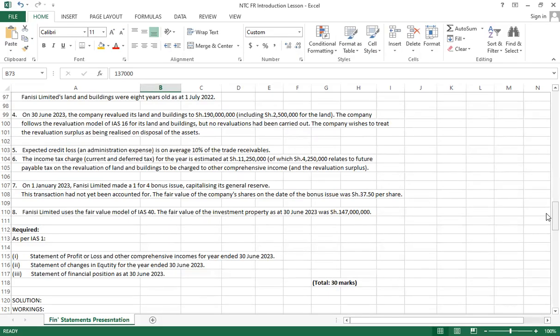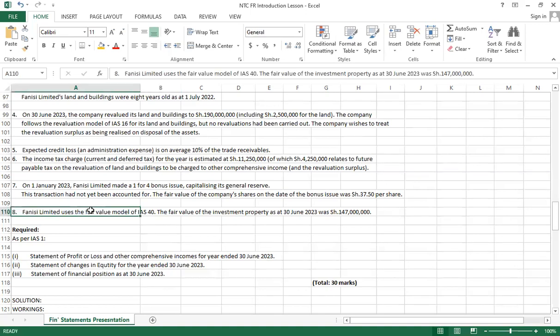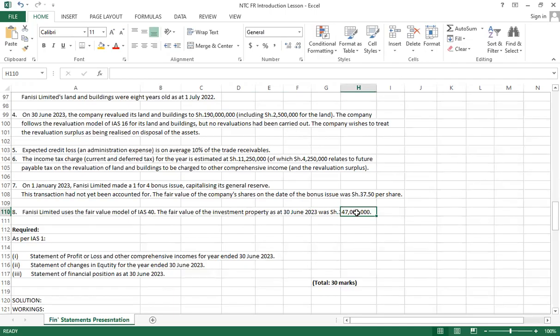We've seen in the trial balance that their book value is 137, whereas now at the date we report, as per note number 8, their fair value is 147. So you must do the adjustment from the 137 book value.